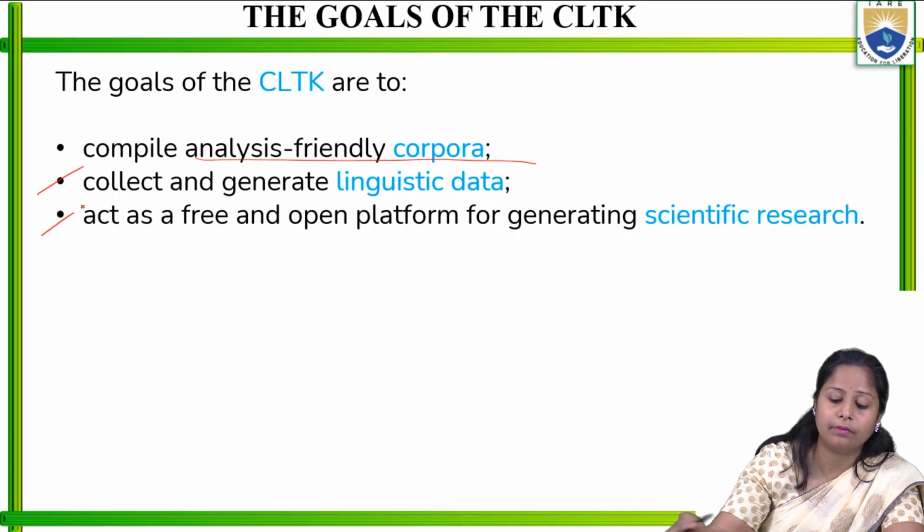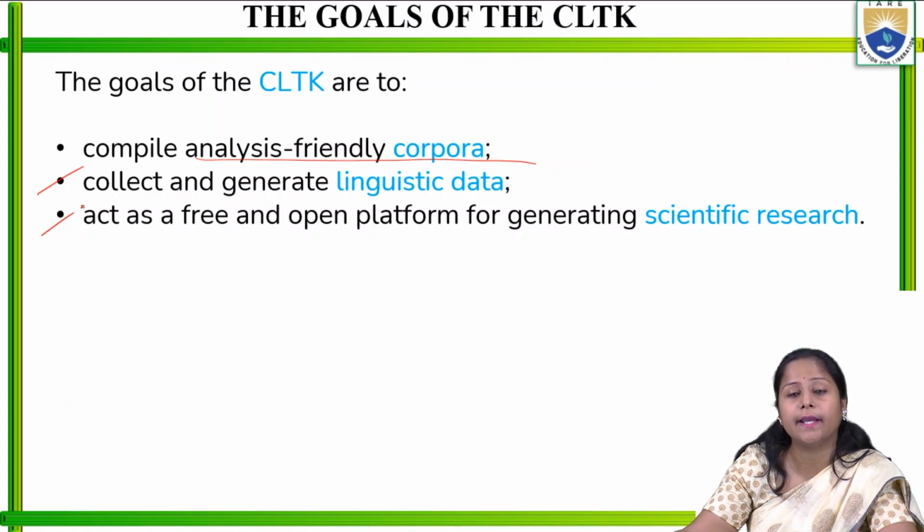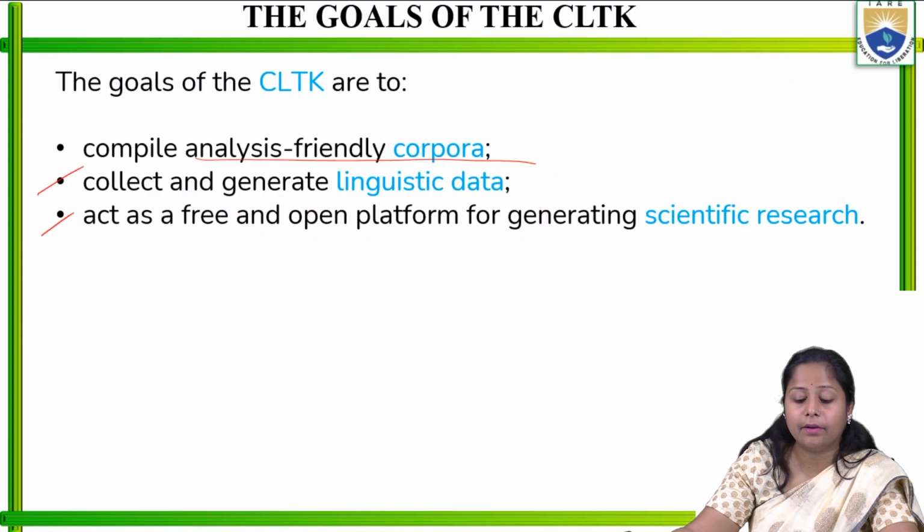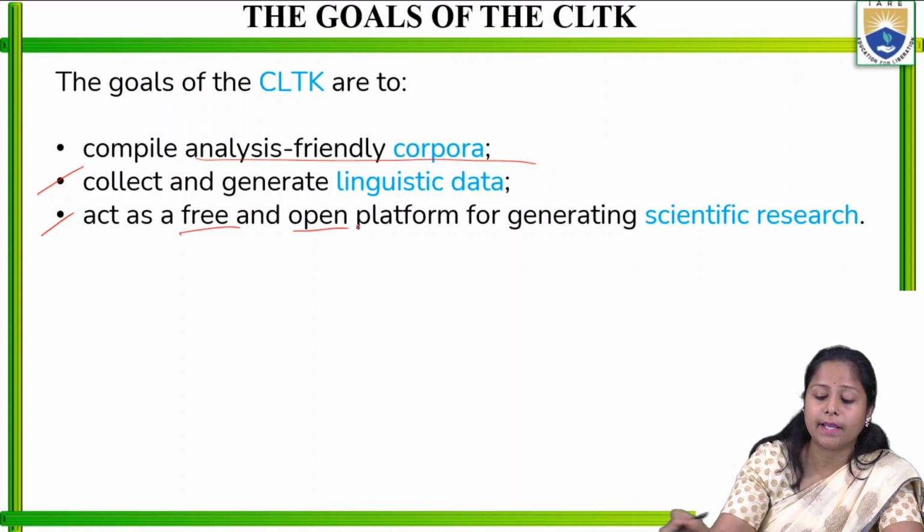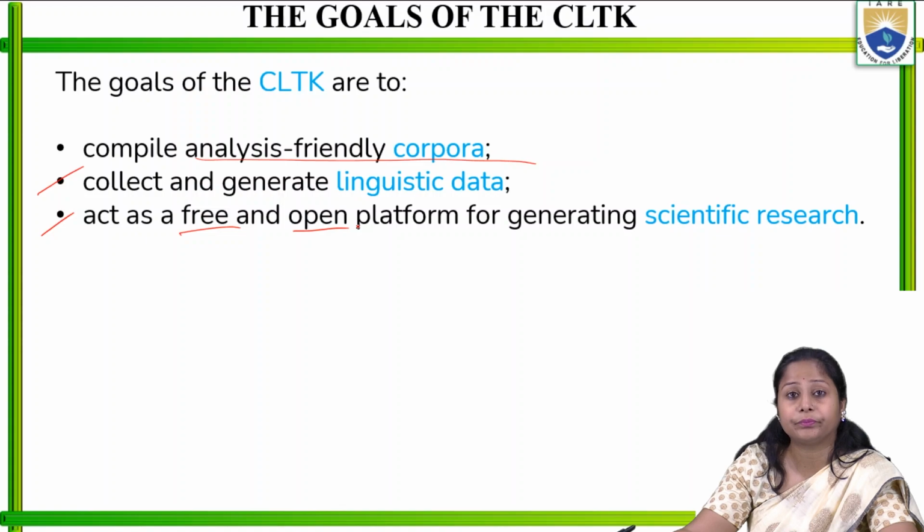The third objective is that it acts as a free and open platform for generating scientific research. Here free and open means it is a freely available library. The only need is to install and import this library, and we can use it for different scientific research, as an individual or as a team.